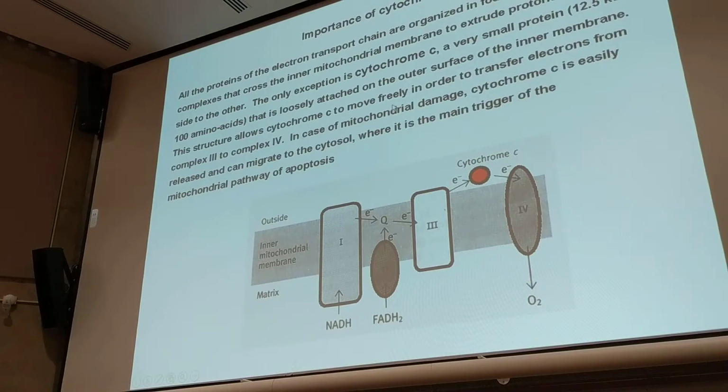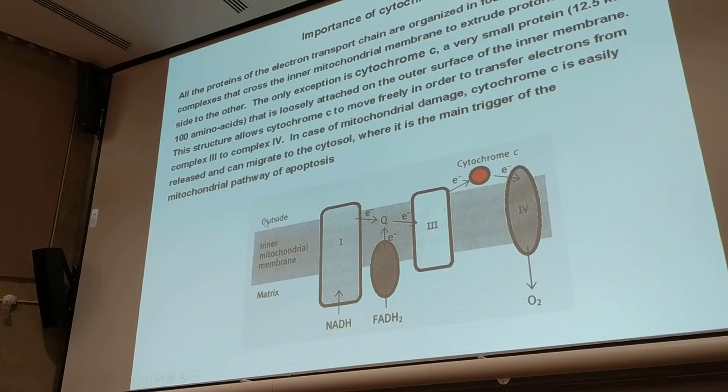4. In case of mitochondrial damage, cytochrome C is easily released and can migrate to the cytosol, which is the main trigger of the mitochondrial pathway of apoptosis. It's like a trigger and a checkpoint.